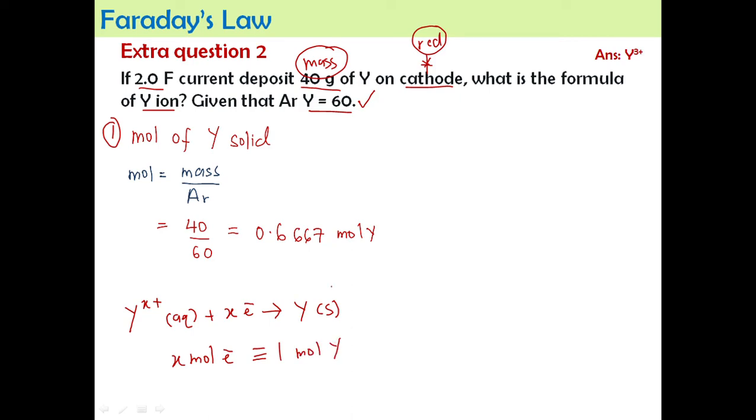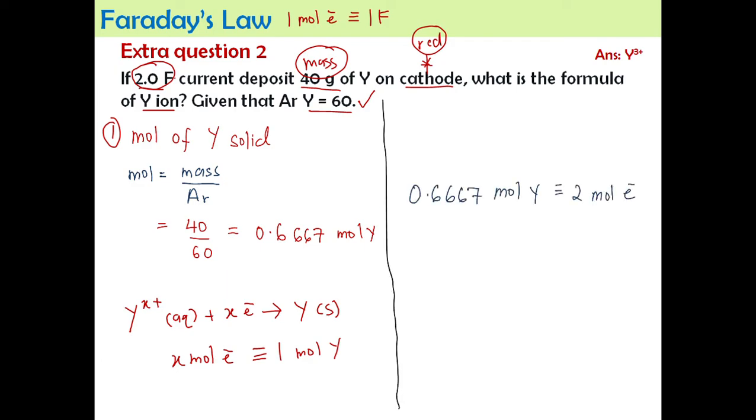Okay? So, now kita supply 2 Faraday. So, 1 mole of electron will carry 1 Faraday. So, kalau supply 2 Faraday, bermaksud, okay, 2 mole of electron. So, saya tulis dekat sini.